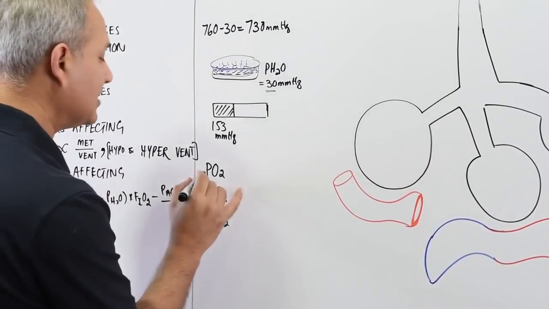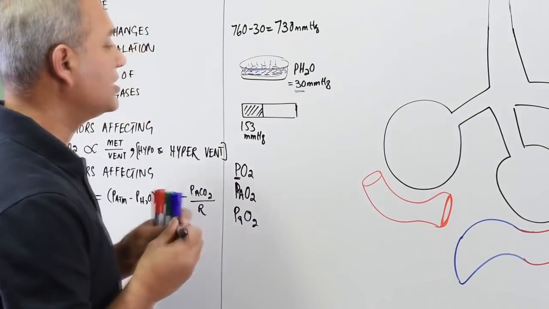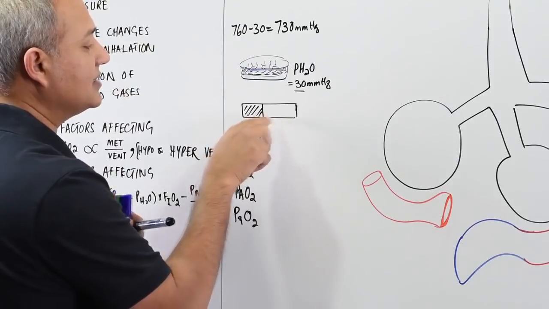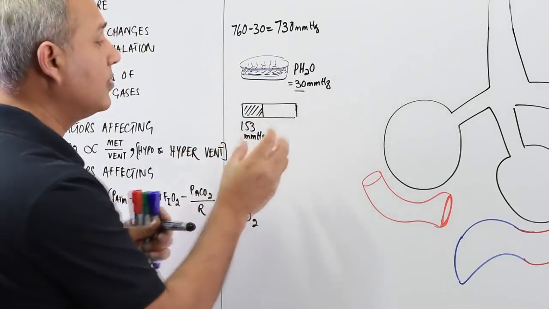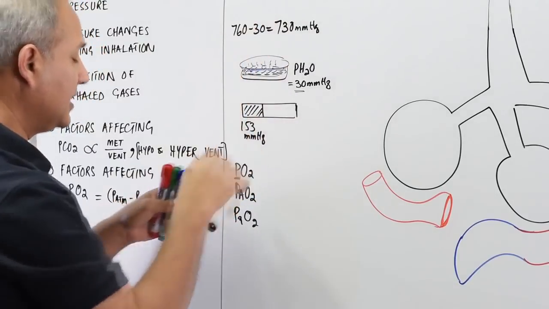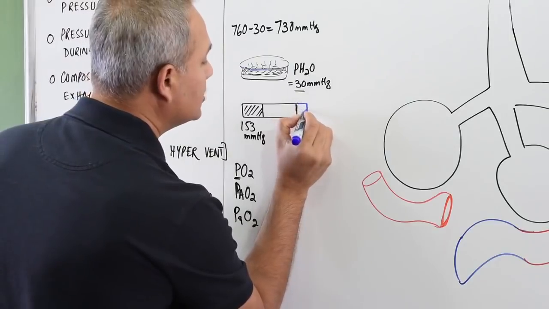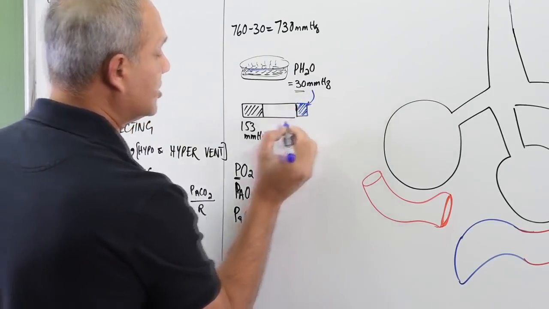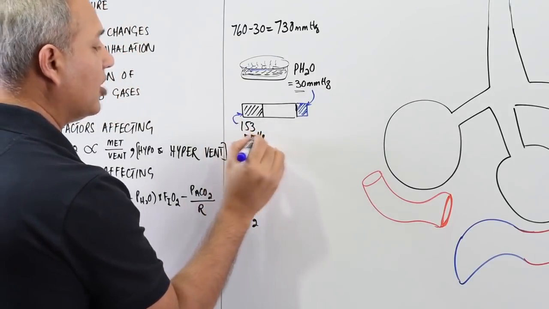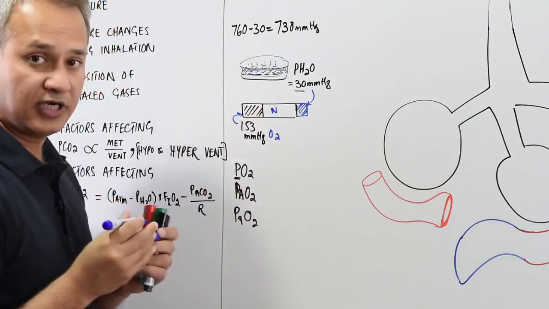So first let's explain the P, partial pressure. Why do we call it partial pressure? It's very simple. Look, there are two gases in here, right? The two gases have their combined pressure. In this case, actually, let me add water as well. There is water as well. So 30 by water, 153 by oxygen, and all the rest is nitrogen, right?